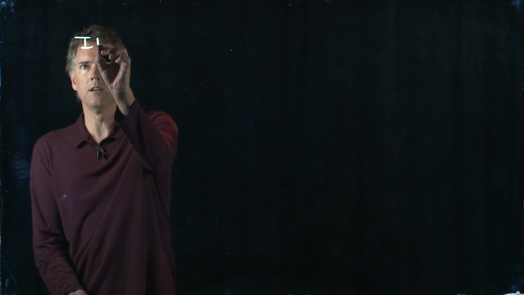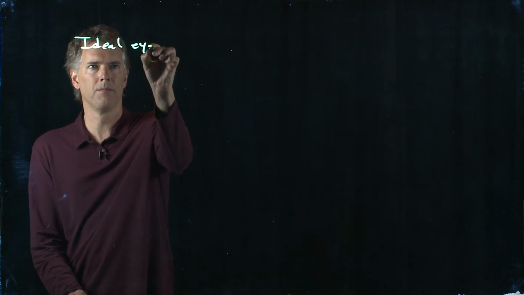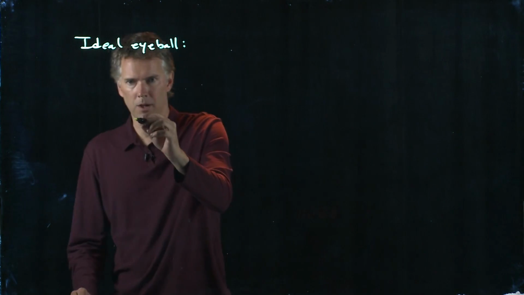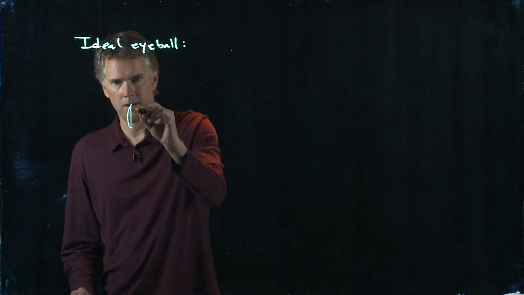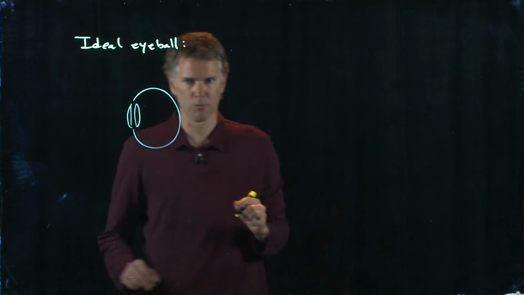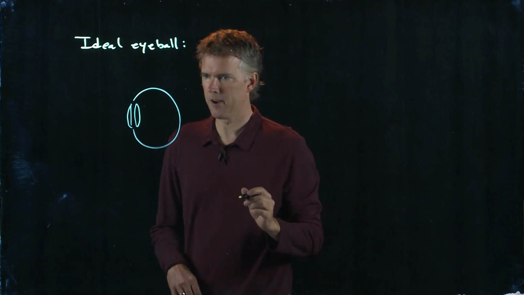So let's do that. We're going to draw the ideal eyeball. And remember what the eyeball looks like. You've got a cornea, there's a crystalline lens. On the back is your retina. You want to form images there.